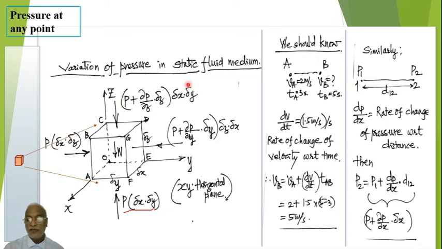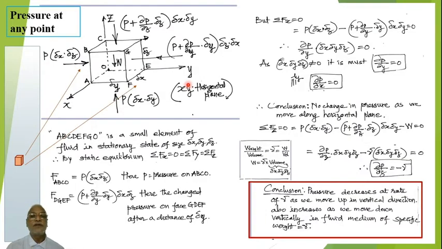Okay, now let's go to the next slide. Here I have kept the same figure. Here A, B, C, D, E, F, G, O is a small element of fluid in a stationary state of size delta x, delta y, delta z. Therefore, by static equilibrium, sigma Fx should be equal to 0, sigma Fy equal to 0, and sigma Fz equal to 0.